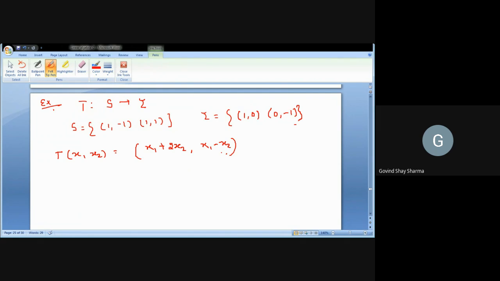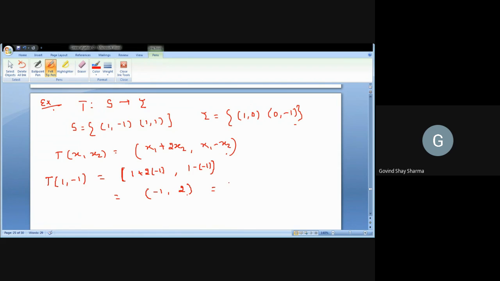So again we apply the same method. First we take T of the first basis vector: x1 is equal to 1 plus 2 minus 1, and 1 minus 1, so this becomes minus 1.